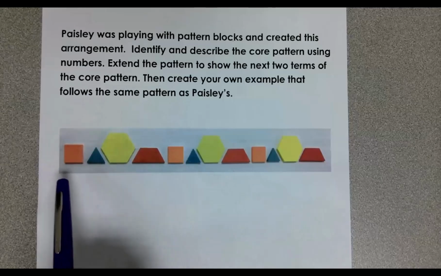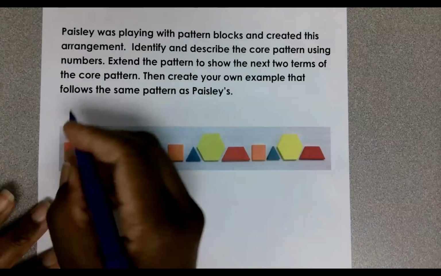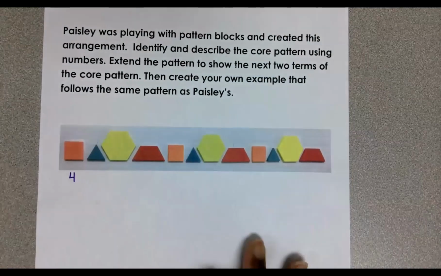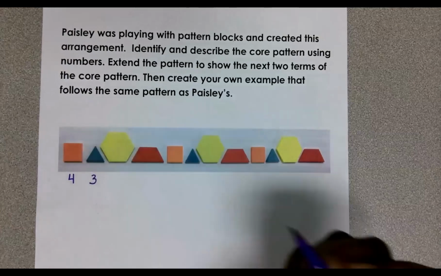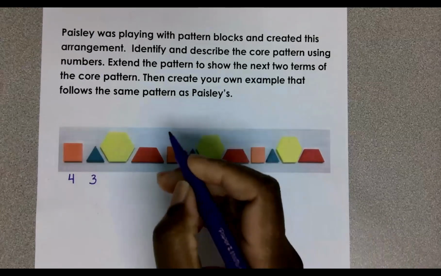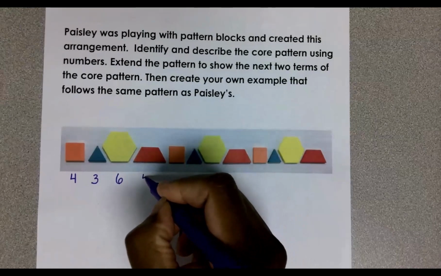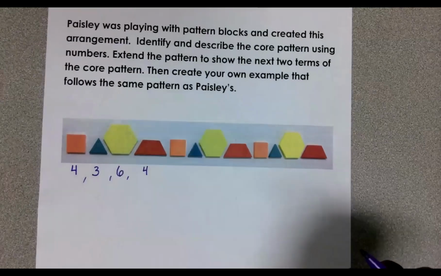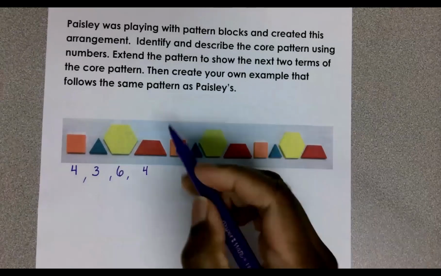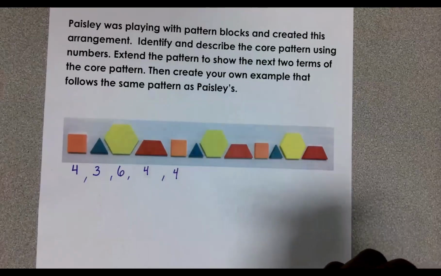I can see a square, which has 4 sides. I can see next is a triangle, which has 3 sides. A hexagon, which has 6 sides. And a trapezoid, which students don't need to identify as such, has 4 sides. So then following that is another square, which begins the pattern all over again.